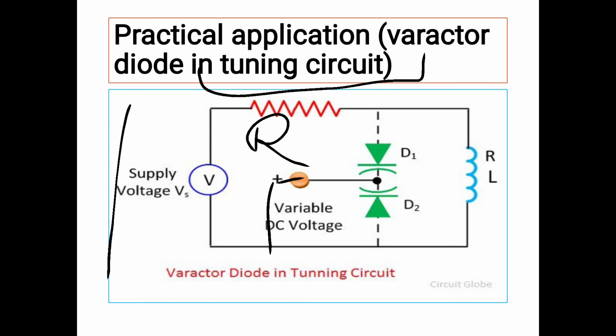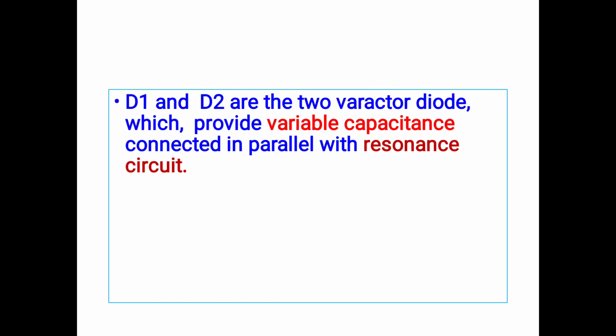So the diodes D1 and D2 are connected in series, and they are parallel with the resonant circuit. They are going to provide the variable capacitance depending on the variation of the DC voltage. This is the same thing given over here.